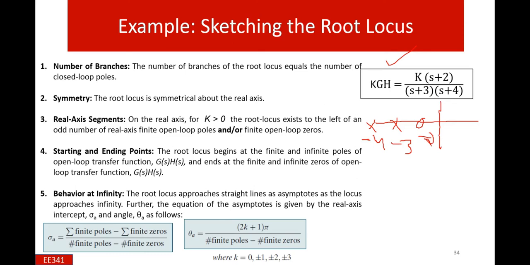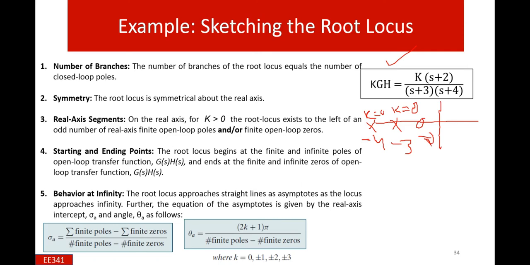How many branches are there? There are two branches. One starts from this one, and it means when we take K equal to 0, this is the open loop pole, and this is the position of the open loop pole when K is equal to 0. And it is always symmetric.